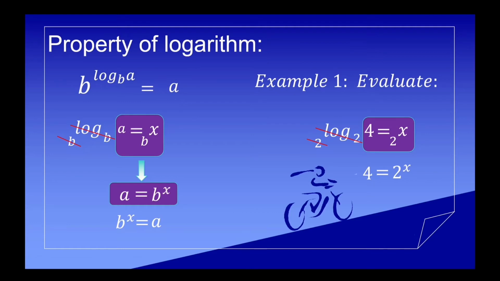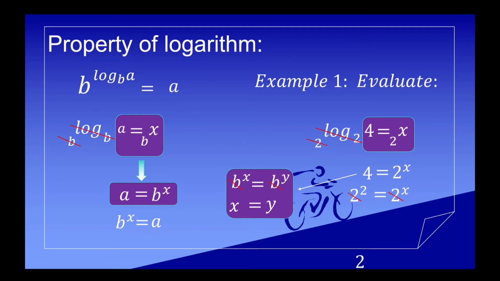Applying the one-to-one property of exponential functions, ibig sabihin, write both sides of the equation as a power of the same base. Okay, pareho yung base natin. So we cancel the base, then copy the exponents, x is equal to y. Since the 4 can be written in exponential form, 2 squared is equal to 2 raised to x.